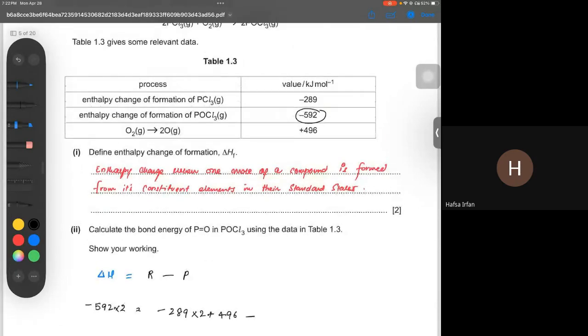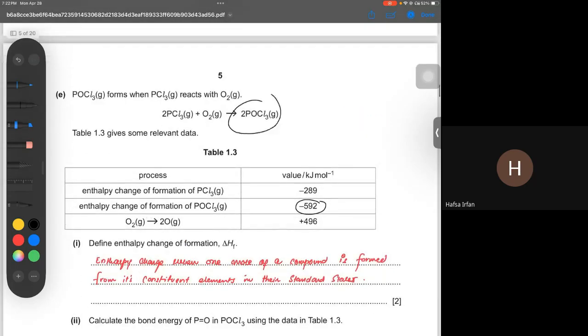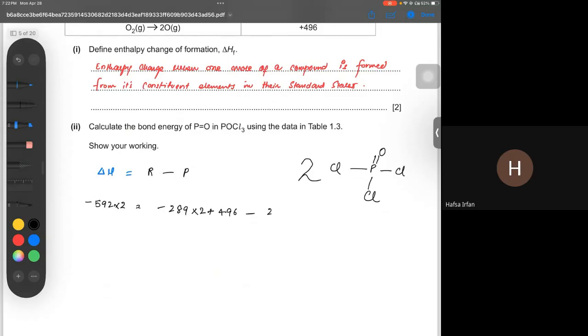Then minus the product, POCl3. PCl3 is given to you, that is the 289 that I have put over there. Now in POCl3 you can see that this is phosphorus and oxygen, and this is going to have this one. How many 2POCl3 do we have? 2POCl3, so I would be writing 2x.